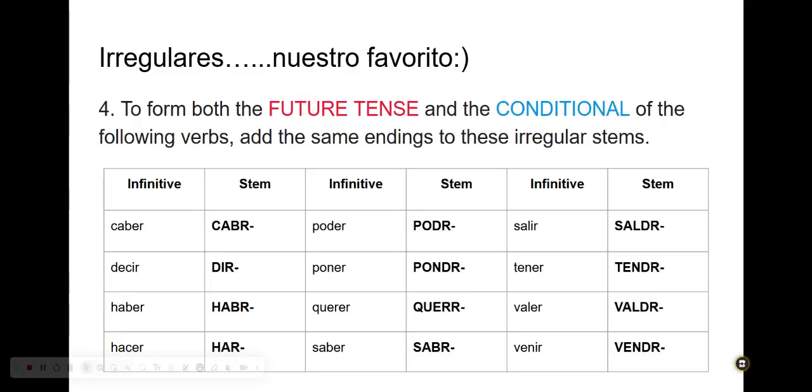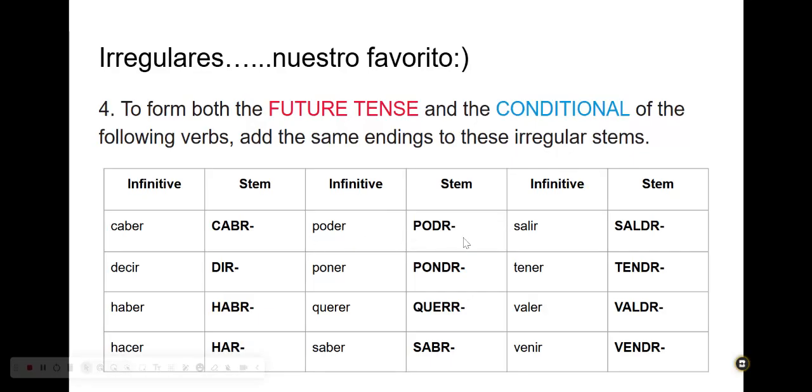So that just means you have to change the stem. We don't leave the verb alone. For example, we've got har, which is for hacer, so it becomes haré or harás. Es como decir, it's like I said, so we're going to take one of these stems and you just attach the same ending.